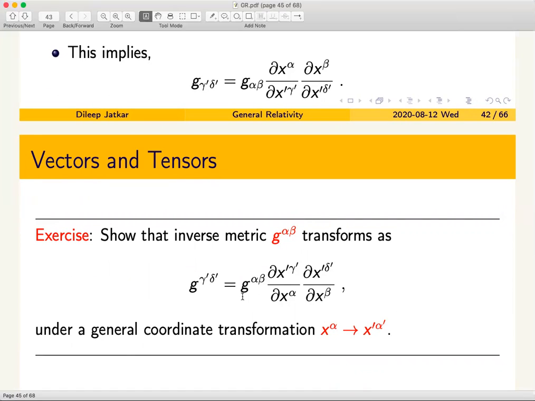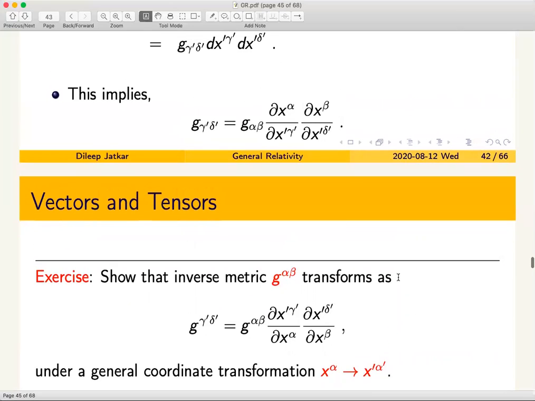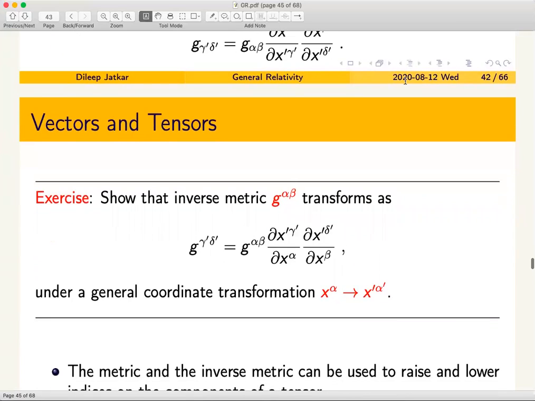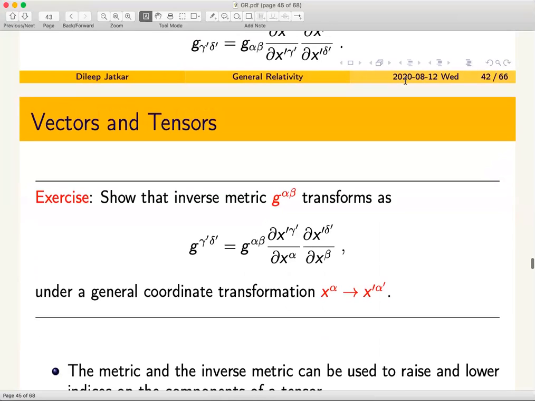There are multiple ways of showing this. You could follow the method that we have used here. There are two or three ways of doing it. You may want to try more than one way of showing this relation.